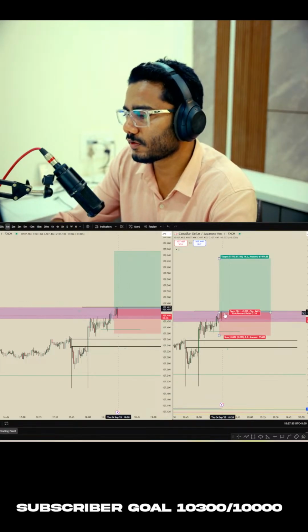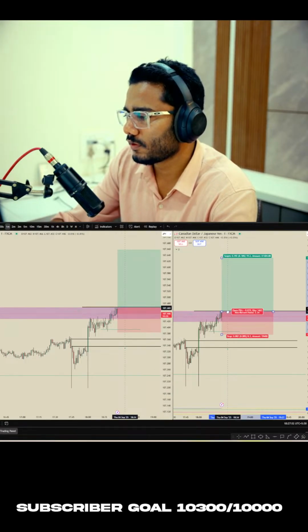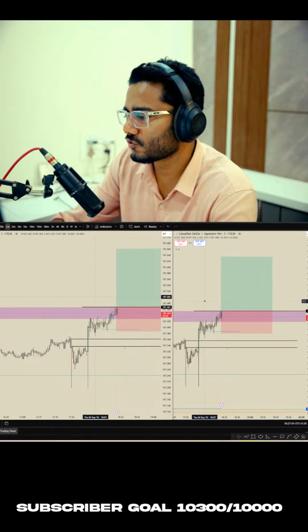Okay, this is something which we want to see. It should sweep some kind of candles and then it should give the breakout structure.